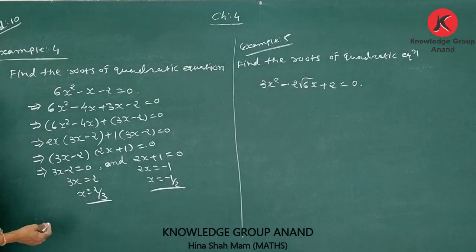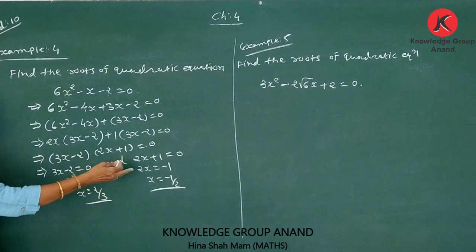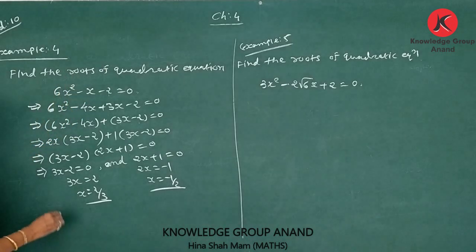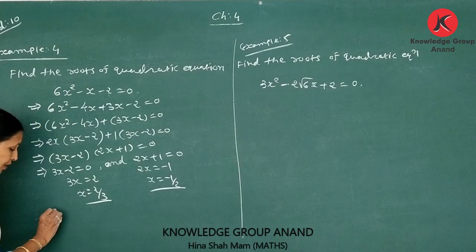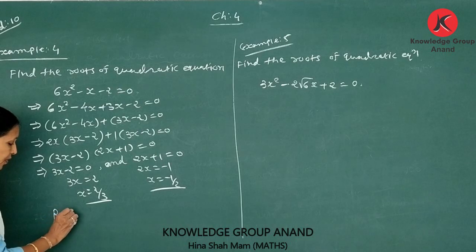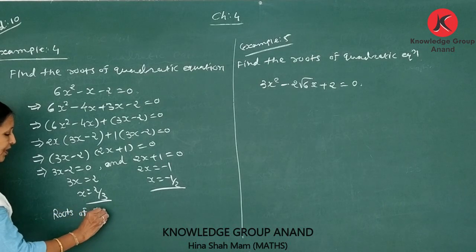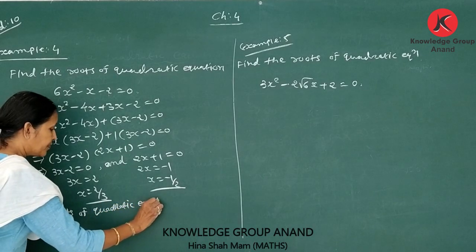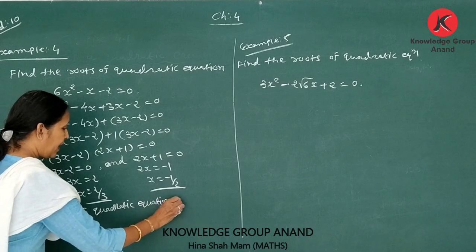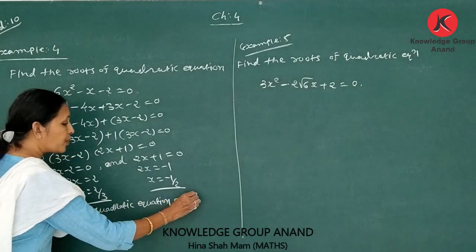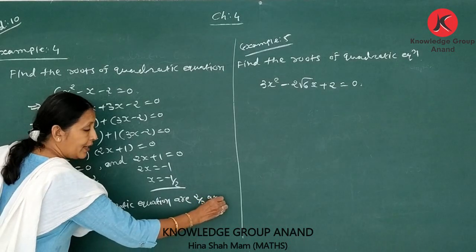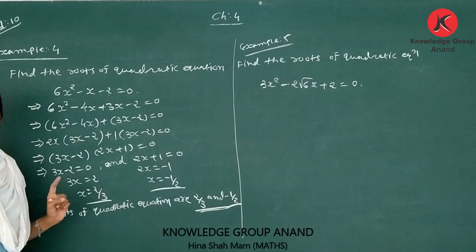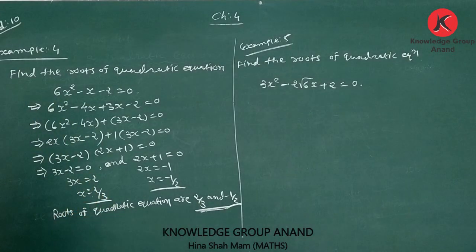These two values, x = 2/3 and x = -1/2, are the roots of the quadratic equation. They are 2/3 and -1/2.